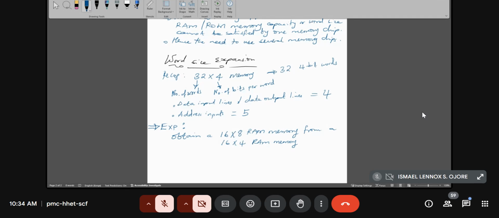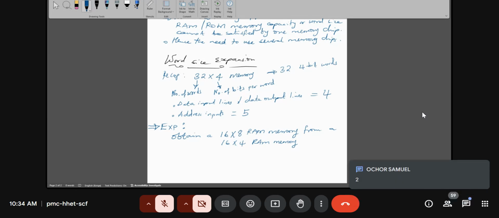So I think it's already clear here that you'll need how many chips of a 16 by 4 to have a 16 by 8? Somebody says 2, and that's correct.